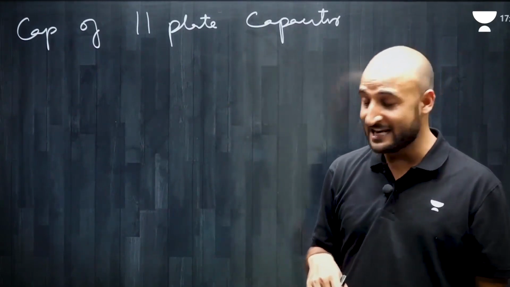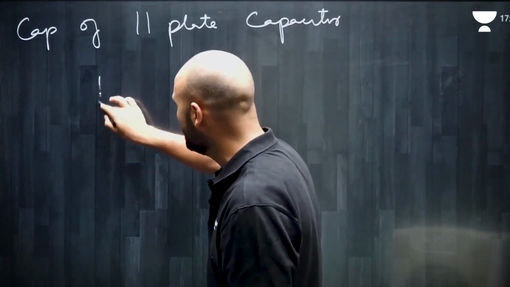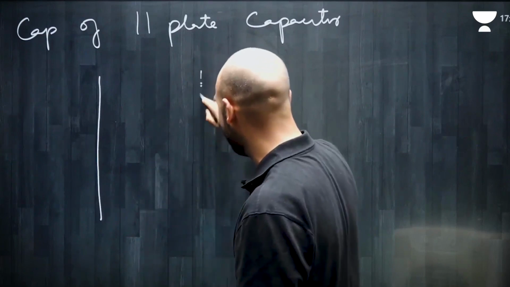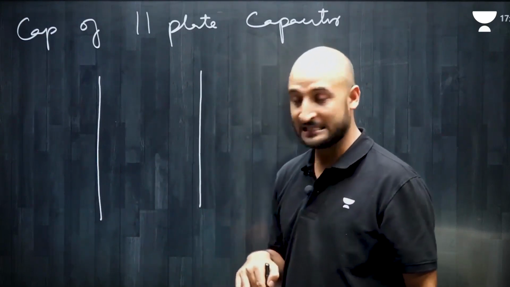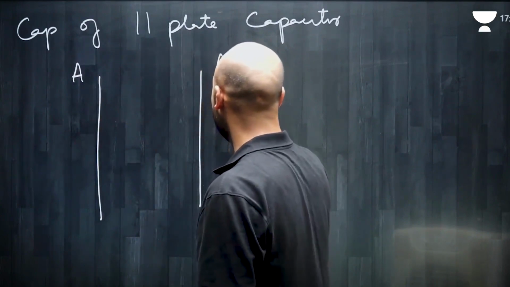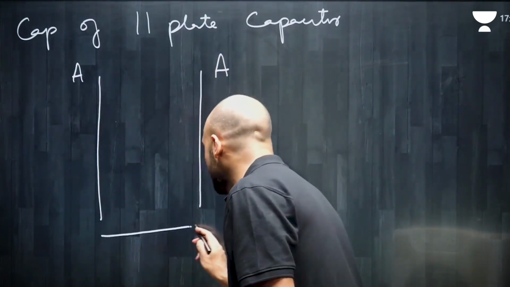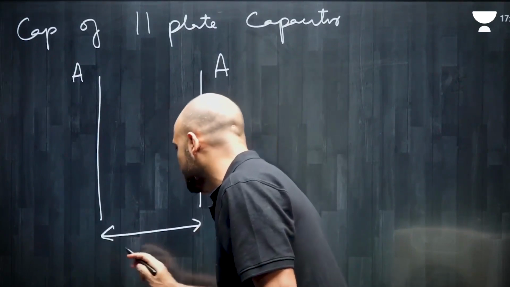What exactly is it? Have a look here. Let's assume that we have two plates like this and like this. Suppose that the area of each plate is A. It's A here, it's A here. Let's assume that the distance between the two plates is equal to D.